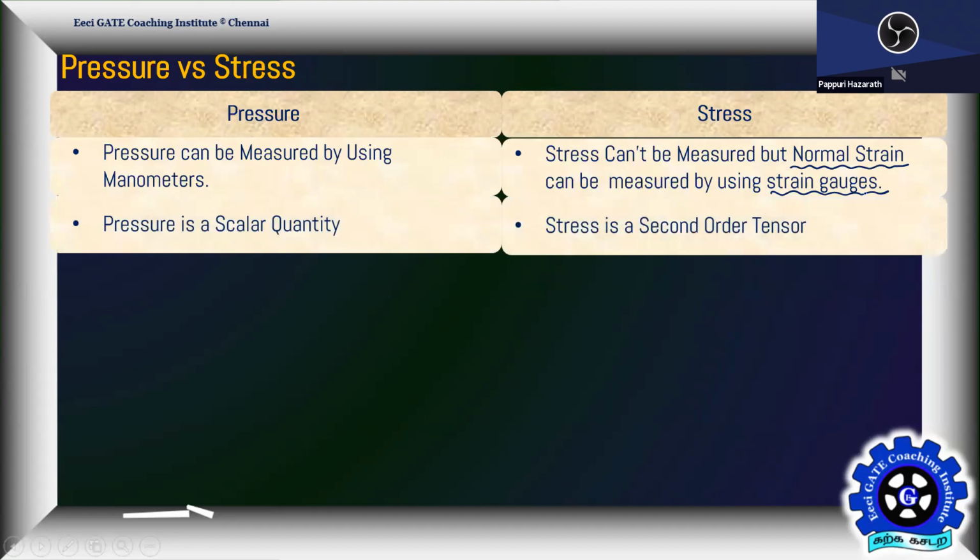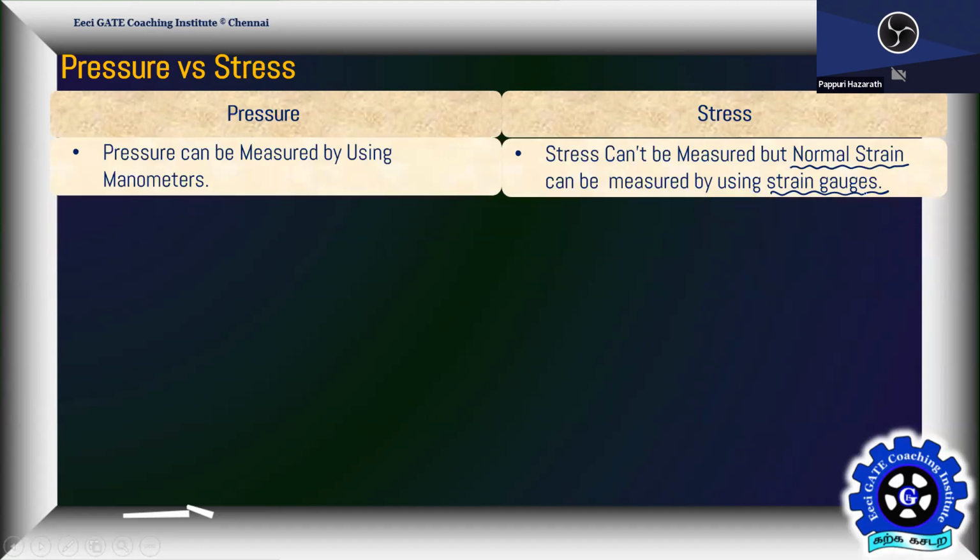Next, pressure is a scalar quantity. What about stress? Tensor. Stress is a second order tensor.